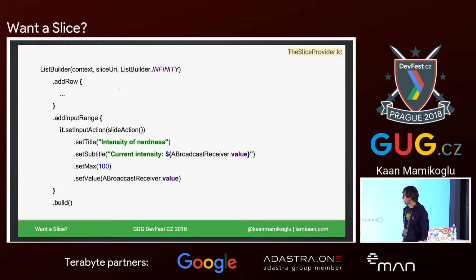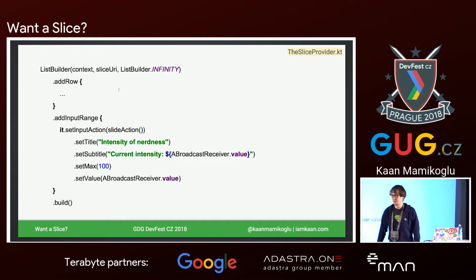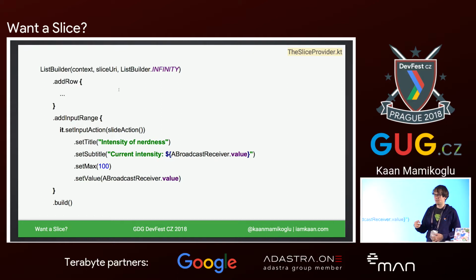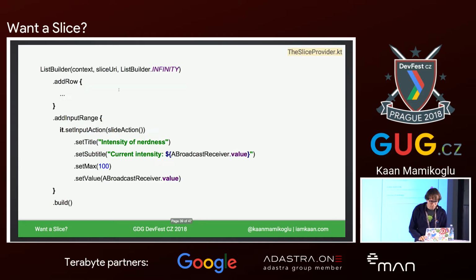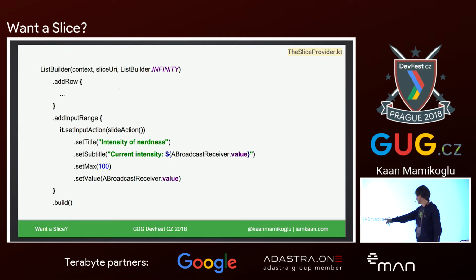So let's make this slice more interactive. In this case, we set it, but the user doesn't know what the percentage is. So instead, here we are using broadcast receiver .value, which is a very plain implementation.